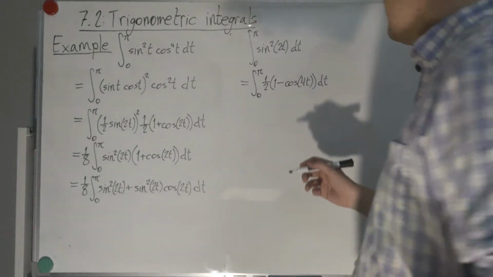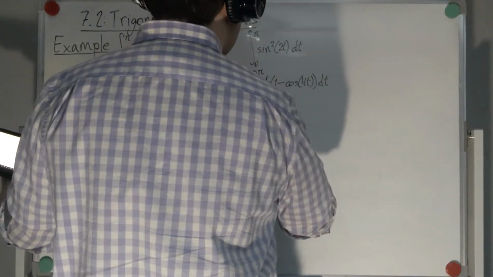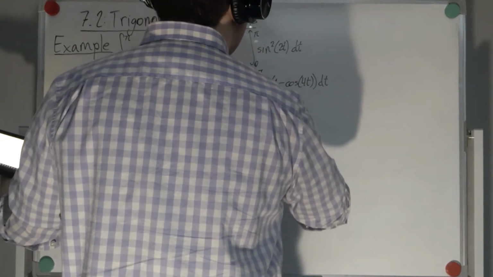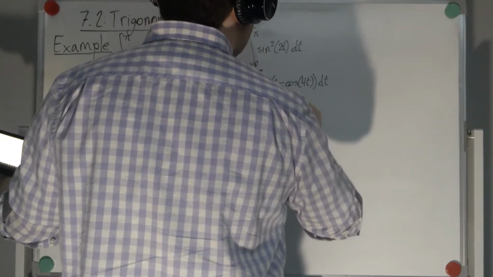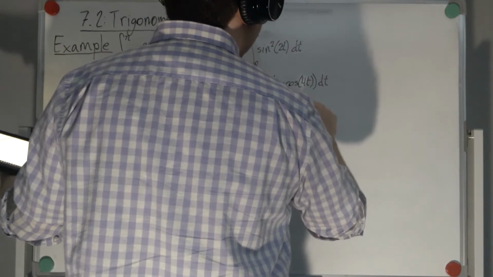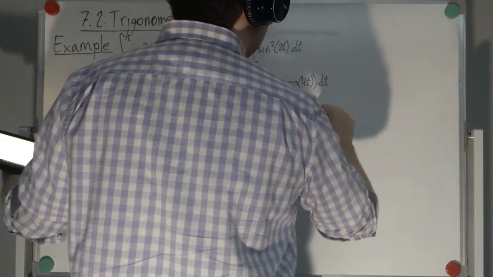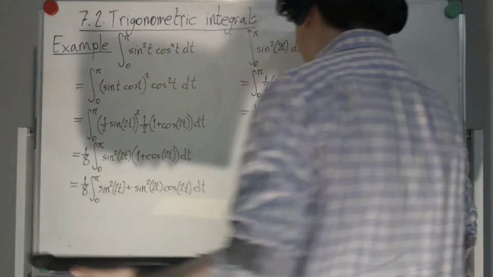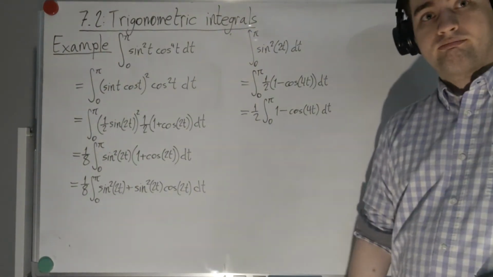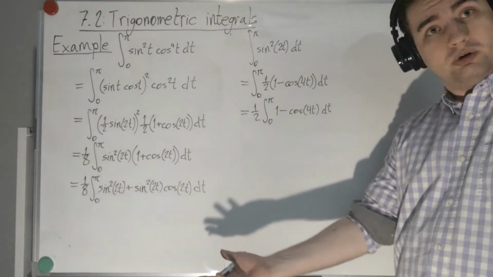So now from here, of course, we can pull out the 1/2. So we get 1/2 integral from 0 to pi of 1 minus cosine of 4t dt. And the rest should be not too hard to handle, right?